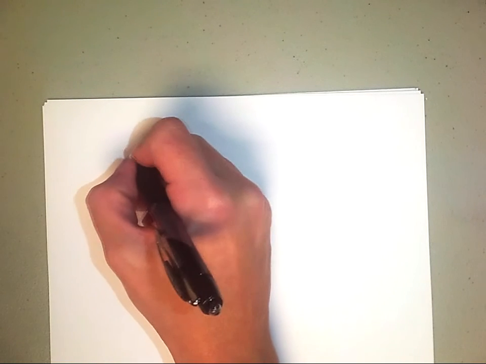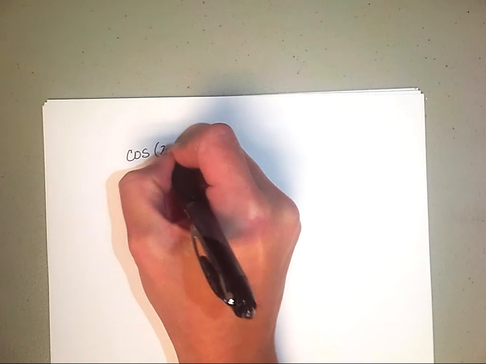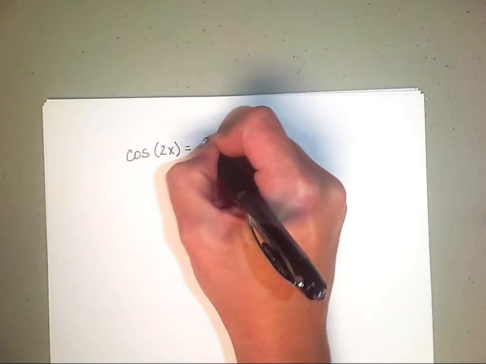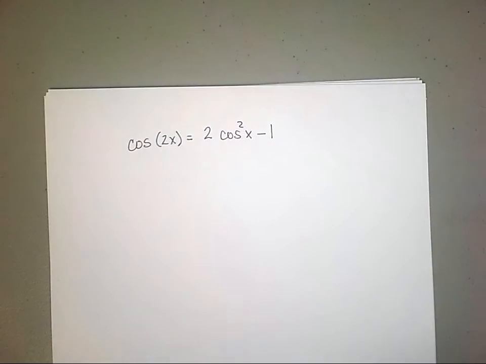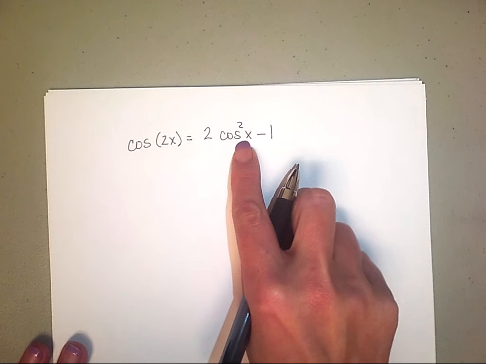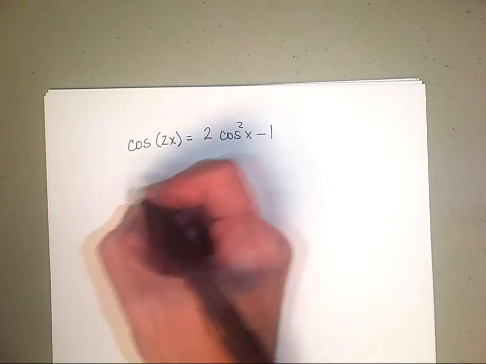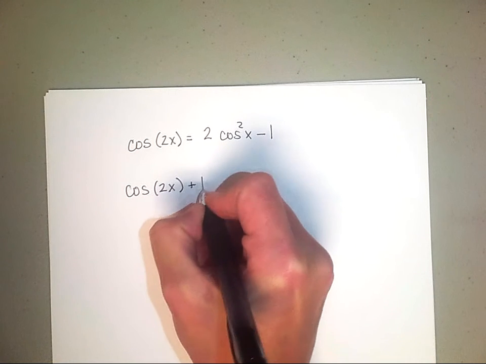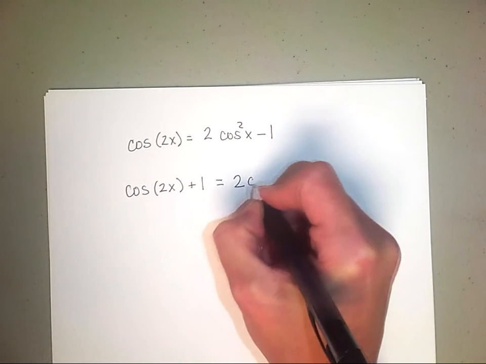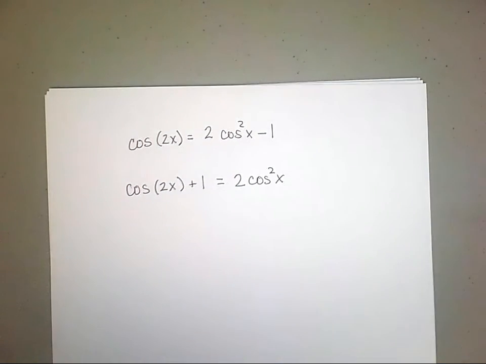Now let's do that again and try to find the cosine half angle formula. Remember that the cosine of 2x is equal to 2 cosine squared of x minus 1. That's another one of our forms. We're going to solve for cosine. The first thing we have to do is add 1 to both sides, so cosine of 2x plus 1 will be equal to 2 cosine squared of x.